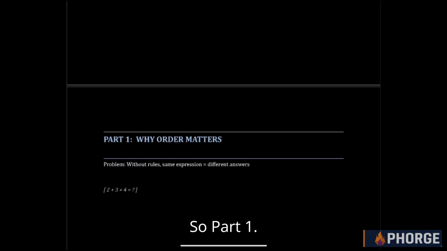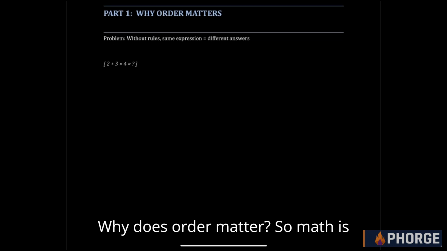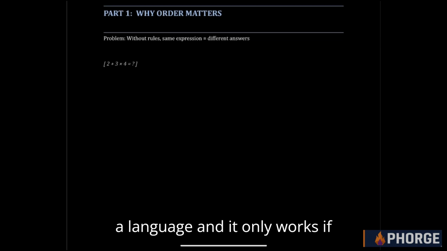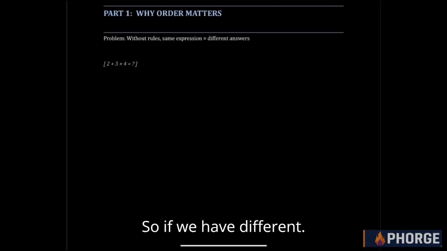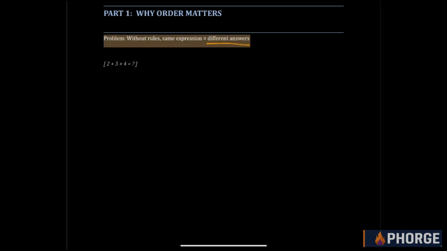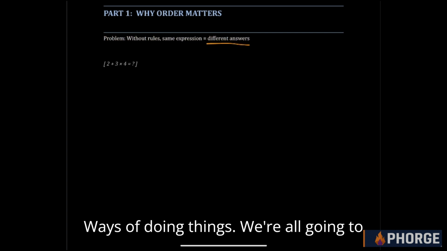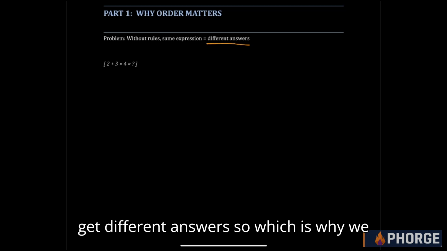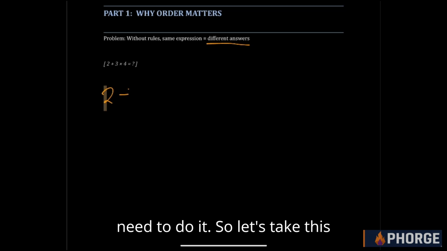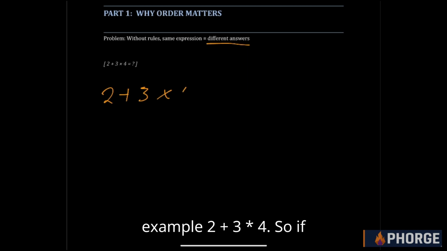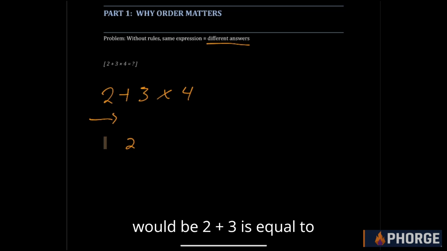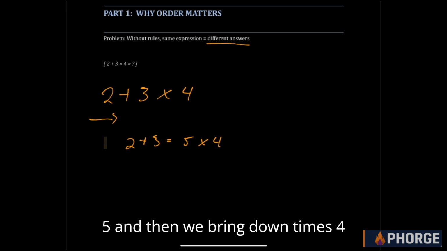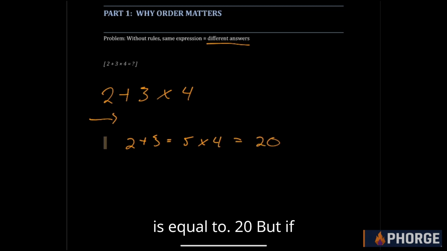So part one, why does order matter? Math is a language and it only works if everyone is speaking the same language. If we have different ways of doing things, we're all going to get different answers. Let's take this example, 2 plus 3 times 4. If we just went from left to right, it would be 2 plus 3 is equal to 5, and then we bring down times 4, which is equal to 20.